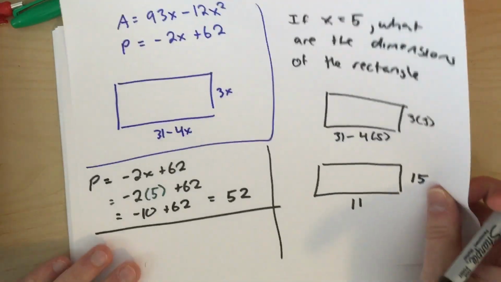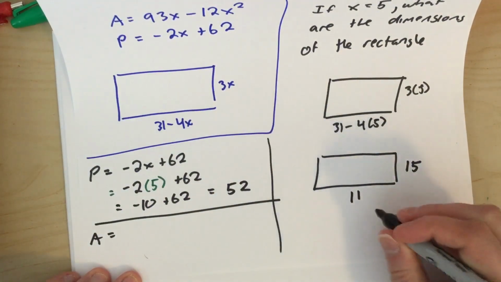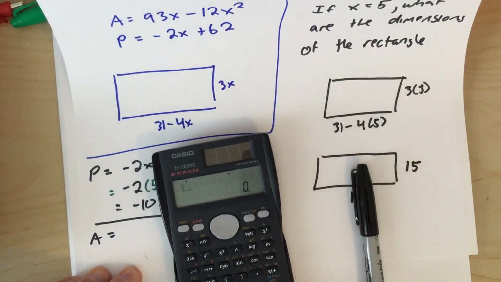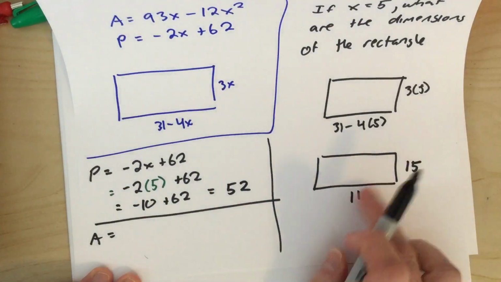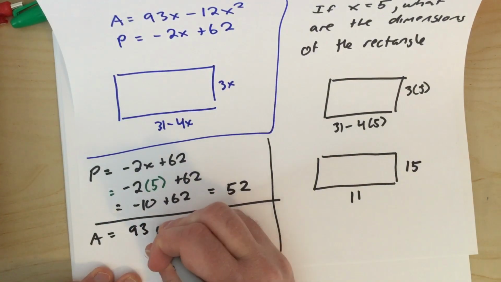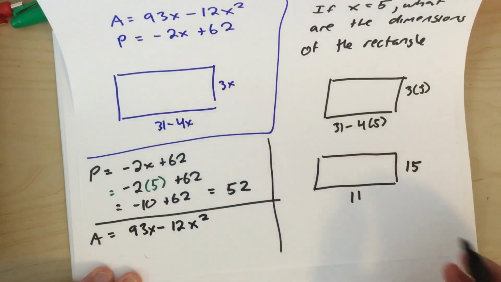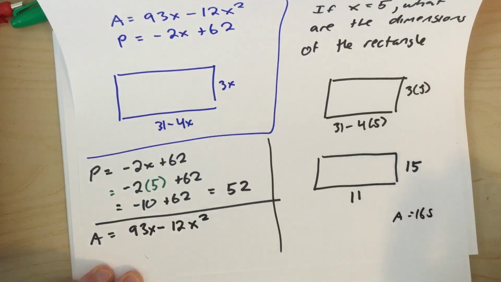Let's do it with the area now. What is 15 times 11? 165. So if we work this out right, the answer should be 165. So 93x minus 12x squared should give us an area of 165. Let's see if it does.